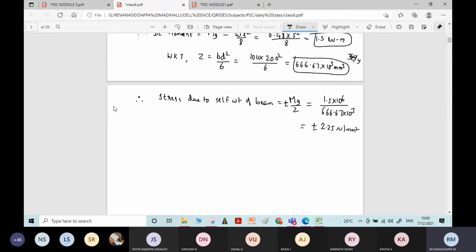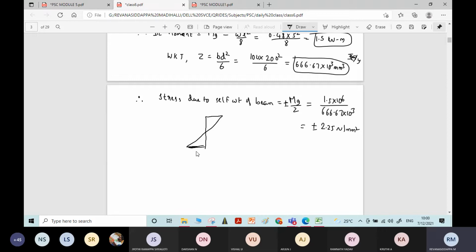So in case of self-weight stresses, the bottom fiber will undergo tensile stress and the top fiber will undergo compressive stress. So the nature of the stress diagram will be like this, correct?